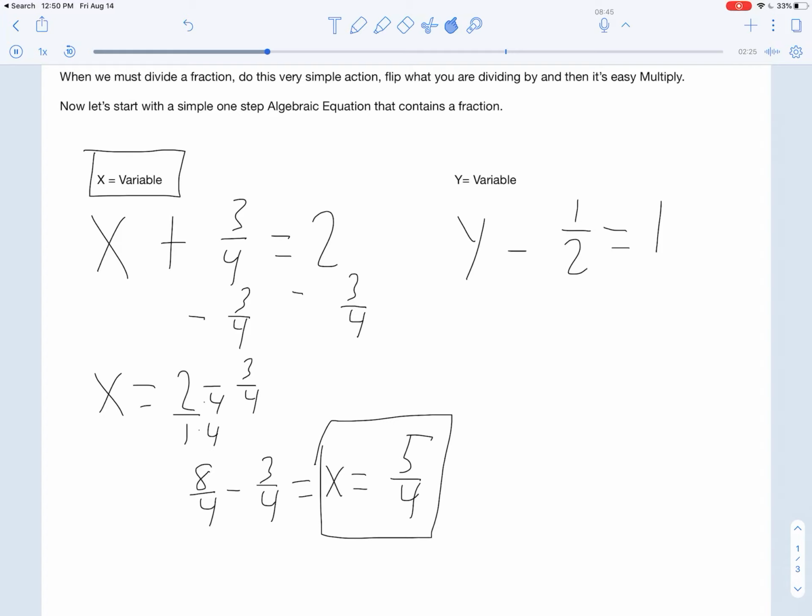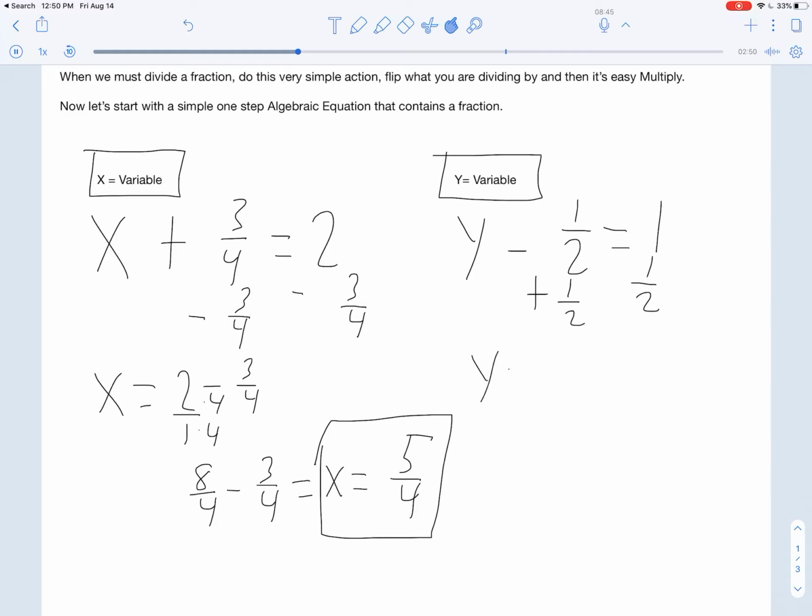Okay, let's move on to the next one. So now we have y minus 1/2 is equal to 1. So the first thing to recognize is that y is our variable. Now we want to get y by itself, and we want to move the minus 1/2, which is negative 1/2, to the right side of the equation with the 1. So since it's minus 1/2, we do the opposite, and we add 1/2 to both sides.